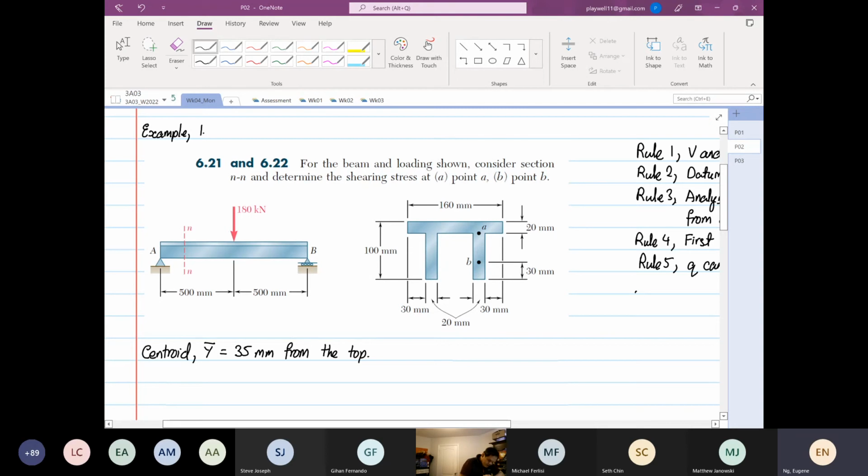And the IZZ, the second moment of area, will be equal to 5.8133 times 10 to the power minus 6 meter to the 4th. So we are going to find the shear stresses at point A and at point B.